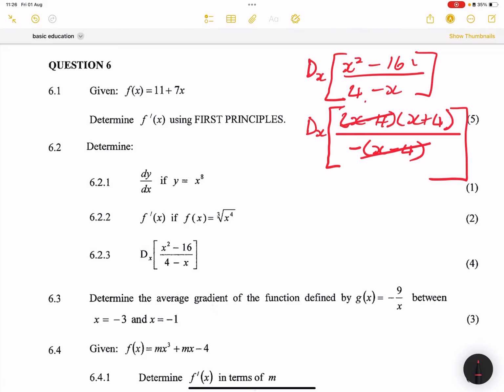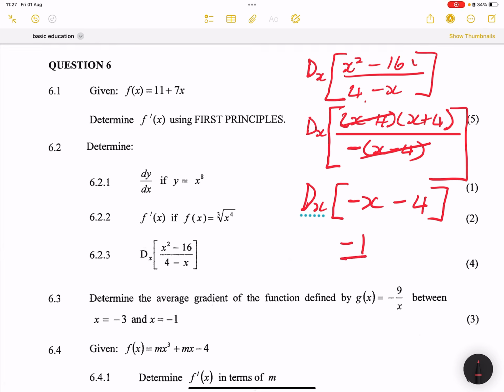If we divide by negative 1, we're finding the derivative with respect to x of minus x minus 4. Remember, when we divide by negative 1, it changes the sign of the whole expression. So what do we eventually get? That is simply going to be equal to negative 1.